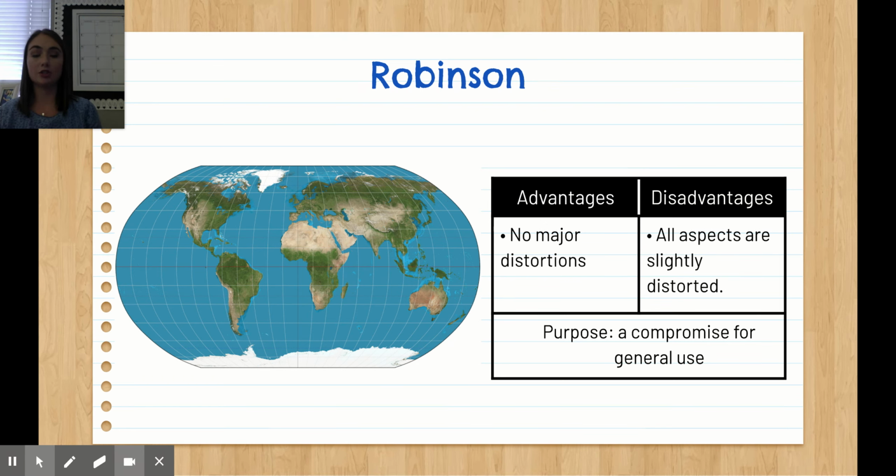But that is also the disadvantage, that all aspects are slightly distorted. So the advantage is the disadvantage. You wouldn't really use this to navigate, because the direction is going to be off, but it's good to use in classrooms because it kind of looks spherical, and the area and the shape is pretty close to normal.